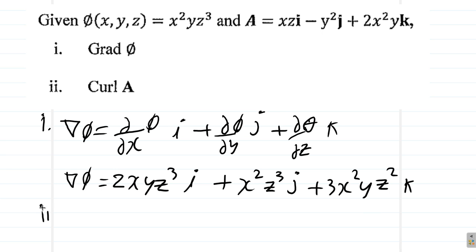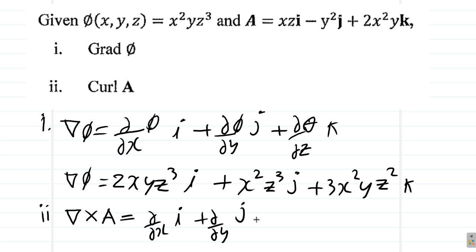Now we need to find the curl. Here, the curl is the cross product of the grad, just the gradient, not the gradient of A now, and A. So the gradient is going to be partial by partial x in the i direction plus partial by partial y in the j direction plus partial by partial z in the k direction.